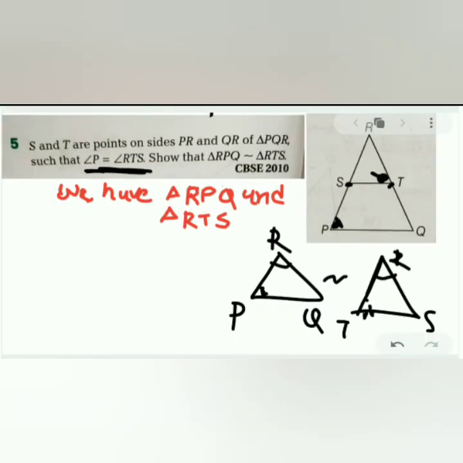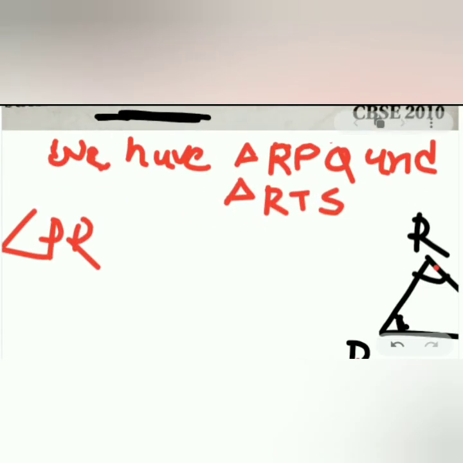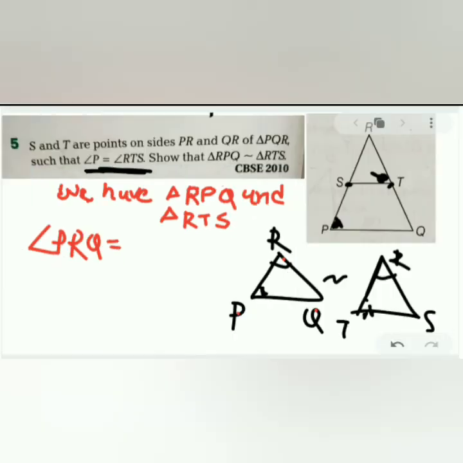And if we are talking about their similarity, what do we have? Angle R equals angle R, but the name of angle R will be changed. Here we have to write PRQ, and that is equal to angle TRS.